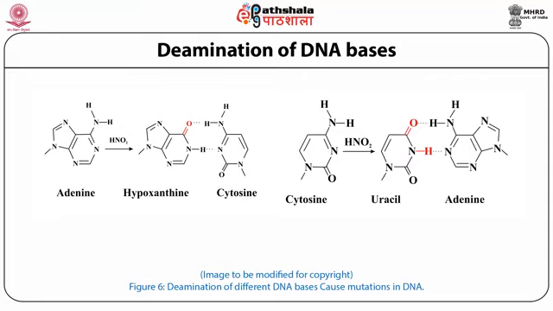One example of such DNA deaminating agents is nitrous acid, which is formed from nitrates used as preservatives in processed meats such as bacon, sausage, hot dogs, etc. Despite its potential mutagenic activity, nitrite, the conjugate base of nitrous acid, is still used as a preservative because it also prevents the growth of Clostridium botulinum, the causative agent of botulism.